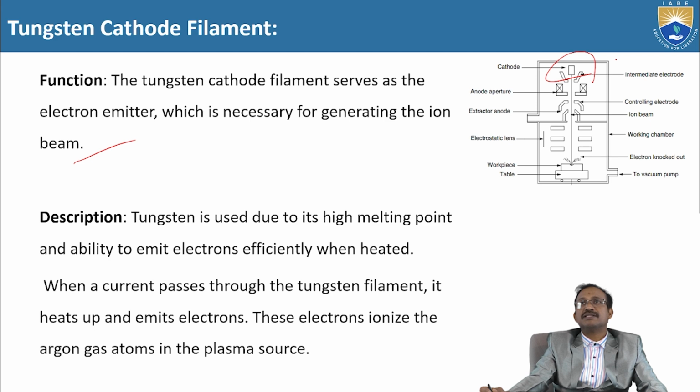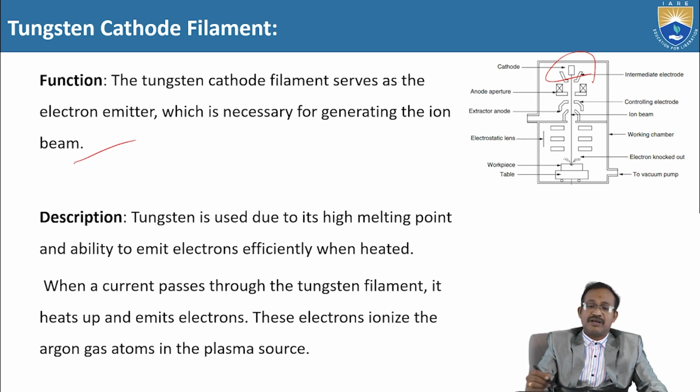The topmost one is the cathode, that is made up of tungsten. Tungsten is used due to its high melting point and ability to emit electrons efficiently when heated. So upon heating, the tungsten cathode filament generates the ion beam.